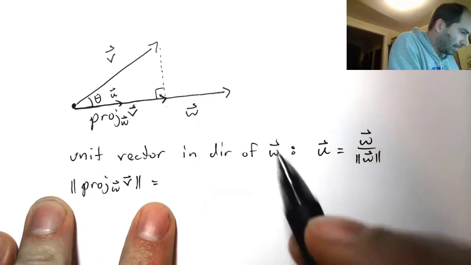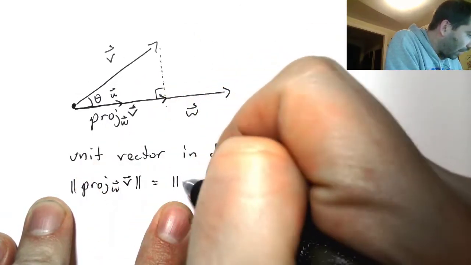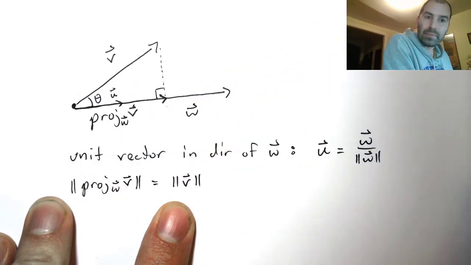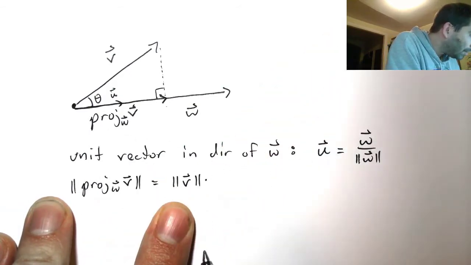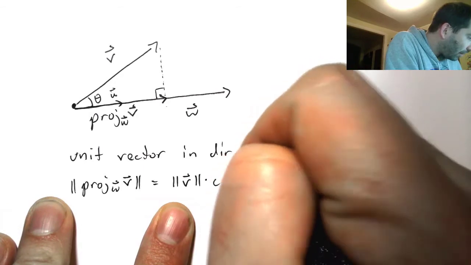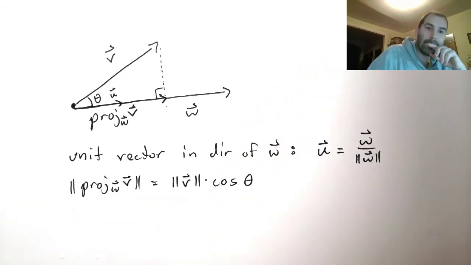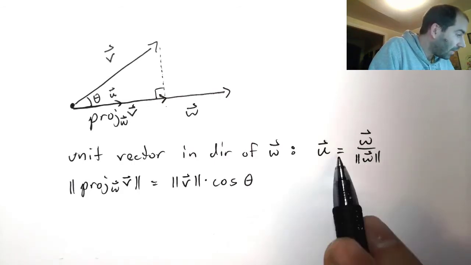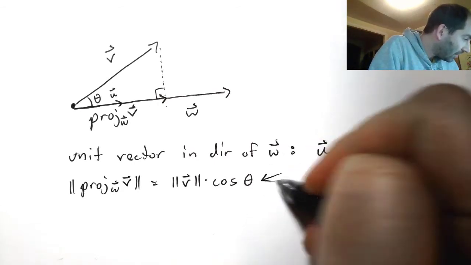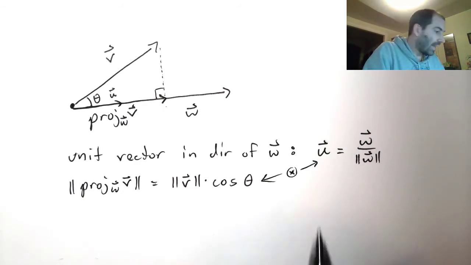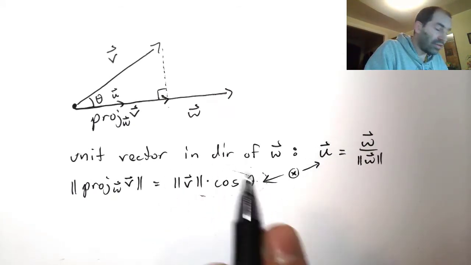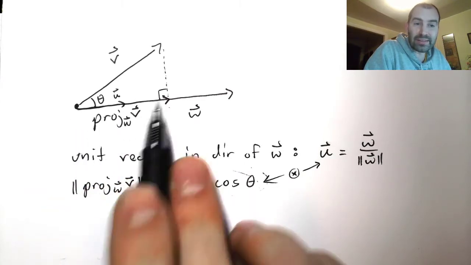That's going to be the length of v multiplied by the cosine of theta. Okay. And now all I have to do is multiply these two things together. Just take this unit vector and scale it by this amount, and I will get this.